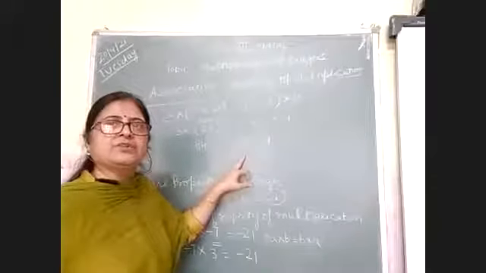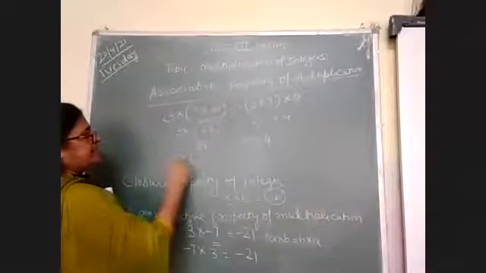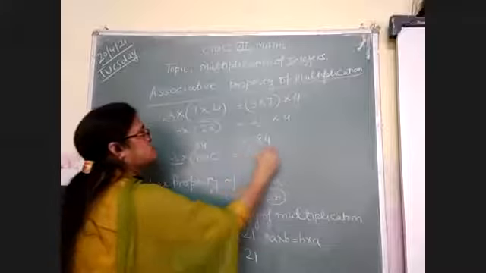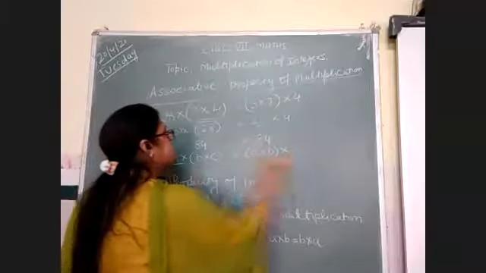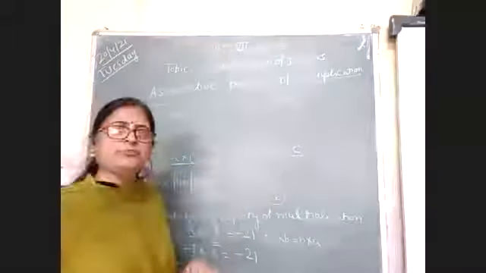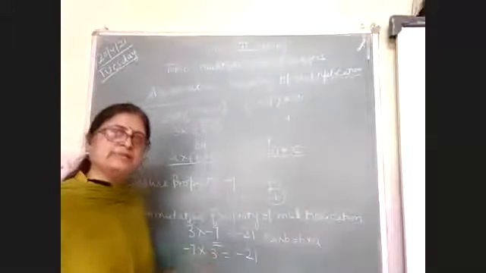Left hand side equal to right hand side. So it means A multiply B into C or A into B multiply C. Both are same. This is called the associative property of multiplication.